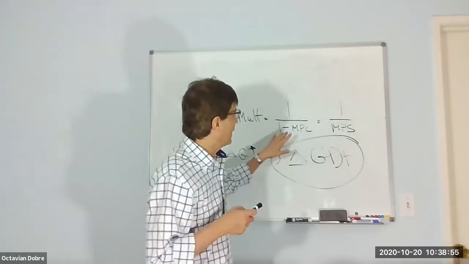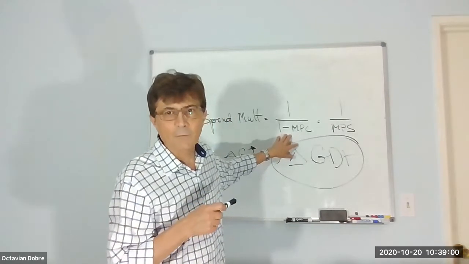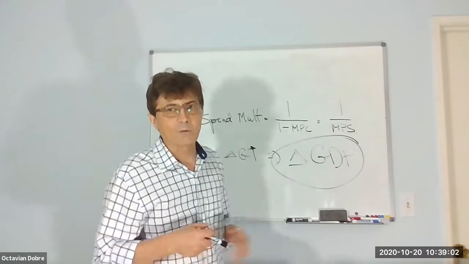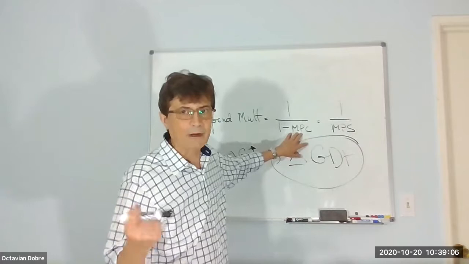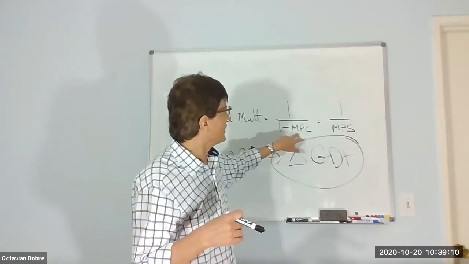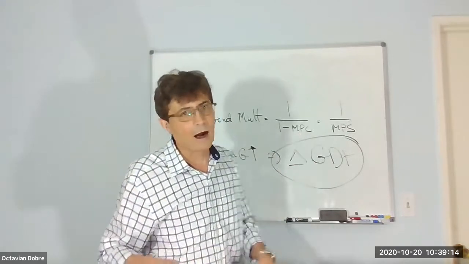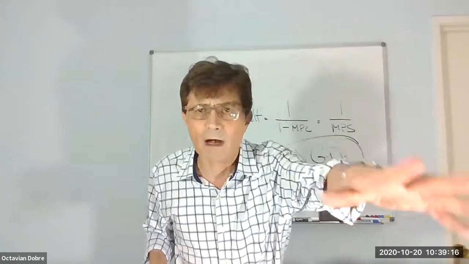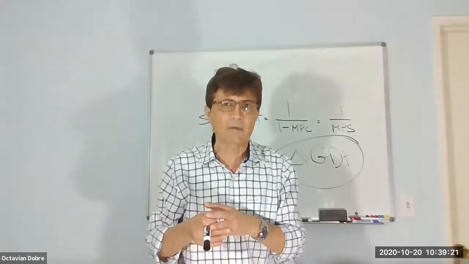However, the value is not close to the value that we have in theory, because we know that with empirical evidence we can calculate the spending multipliers. We know what the MPC is in the economy as an average. Obviously, you're going to have one MPC, I'm going to have a different MPC, and another person is going to have a different MPC.